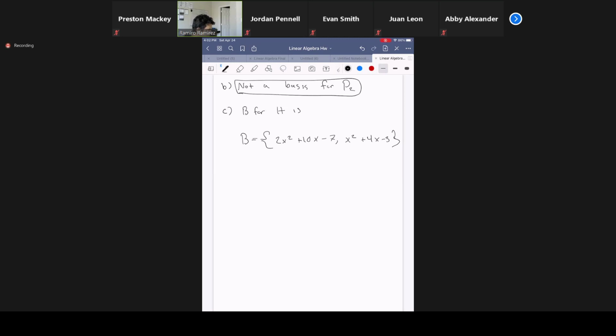Okay, so next one, I guess. Okay, so 9. Let's do 9 really quick. So we'll basically do 9, some of 10, and then some of 11 as well. Okay, so we have a square matrix.